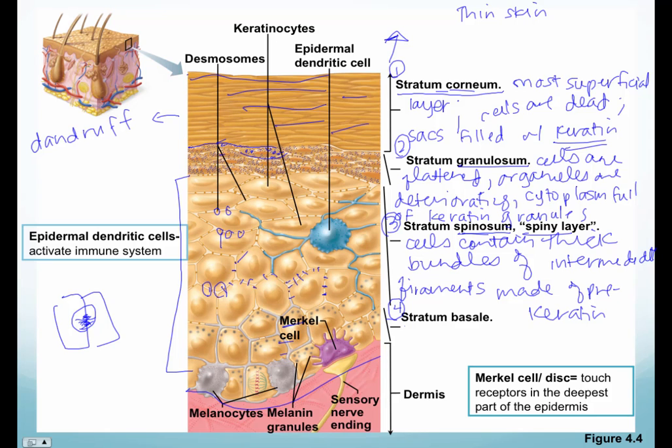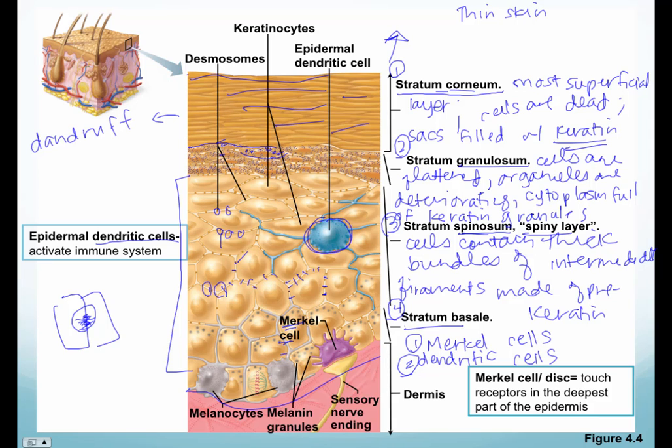Stratum basale is where you'll find your Merkel cells. Another thing you'll typically find in your stratum basale, though here we see it in our stratum spinosum, are your dendritic cells. These are for immune defense.